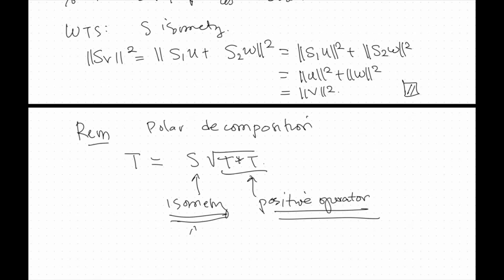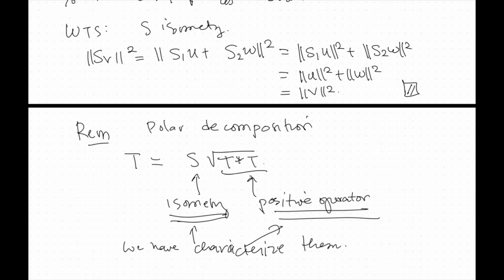And we know we have characterized them from the previous meeting, video or discussion. So we can write a linear operator as a product of two operators, namely the isometry and the positive operator. And these two types of operator are already completely described in the previous meeting. So isometries and positive operators.